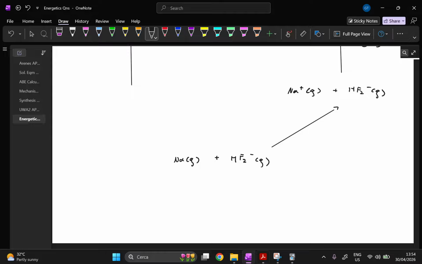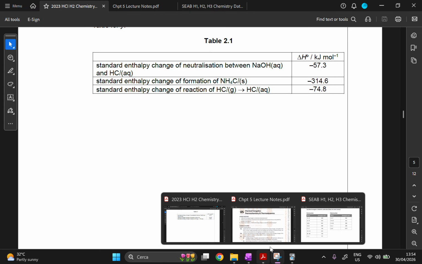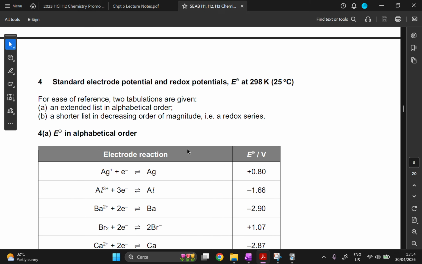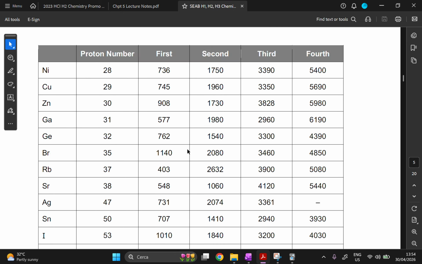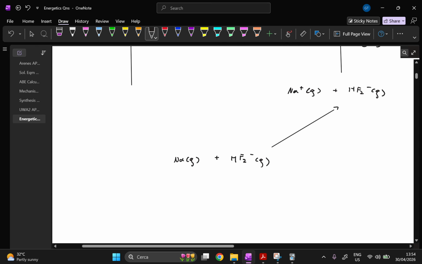This is going to be my ionization energy. Let's go to the data booklet. Ionization energy of Na. Where's my Na? 494. First ionization energy. So this is going to be plus 494. I've obtained this from the data booklet.